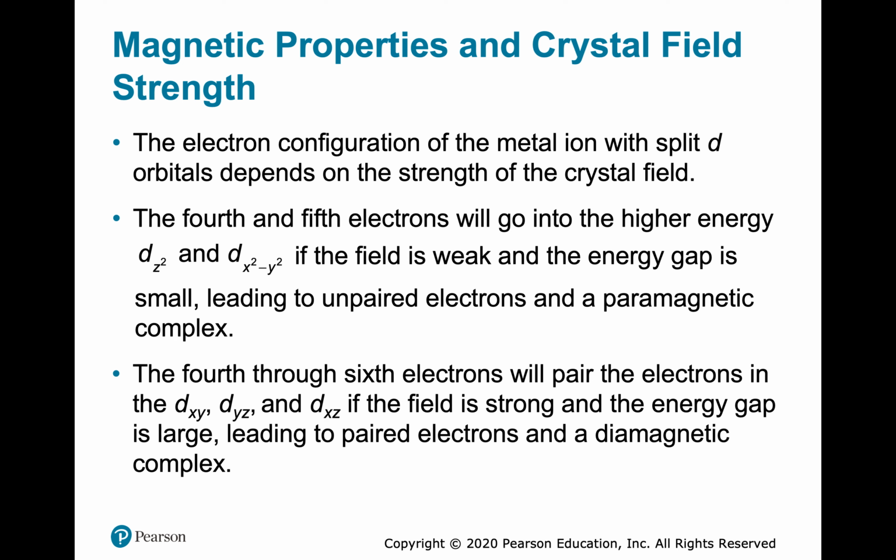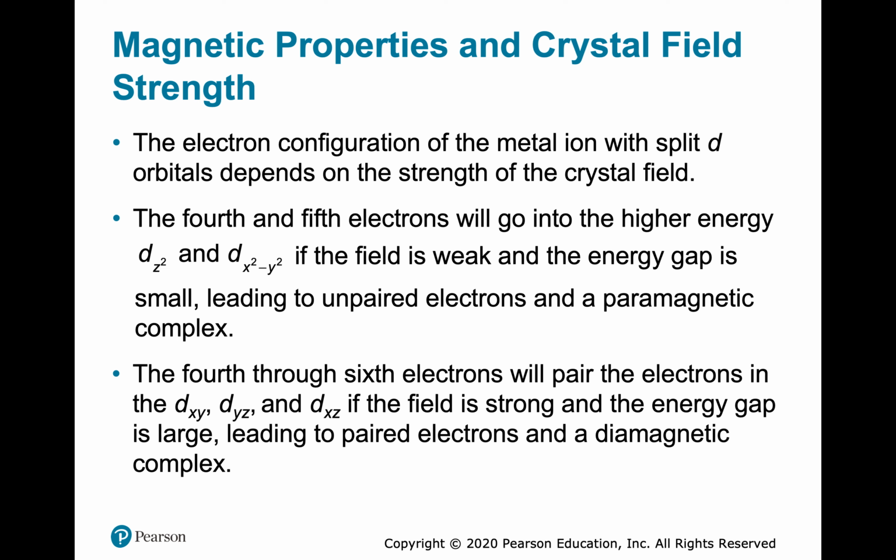The split of this energy level depends on the strength of this crystal field. The stronger the splitting field of the ion, the bigger the energy split is. And if there's a big split, then the electrons are going to stay in the lower energy level. It goes by Hund's rule.